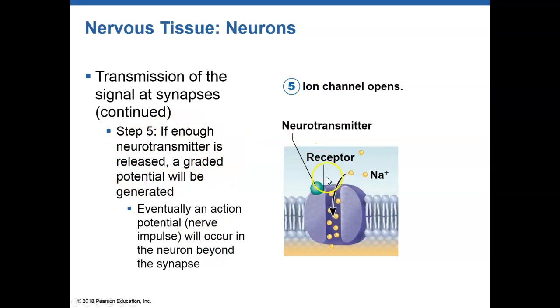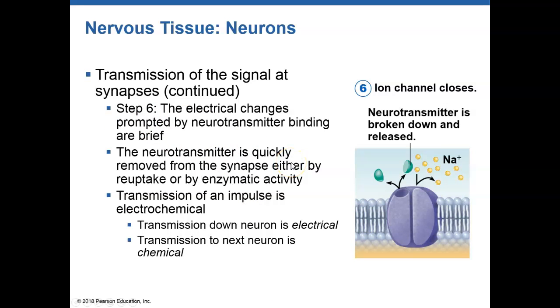Once the neurotransmitter is bound, sodium ions are able to rush through the ion channel. This is going to cause a graded potential, and possibly an action potential will also occur if enough sodium rushes in.